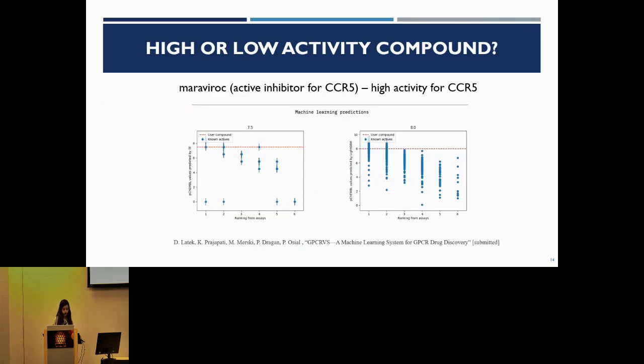GPCRVS also estimates the overall level of activity for a selected compound. So compounds can be classified as compounds with a high, low, or medium activity. Maraviroc was classified as a highly active compound by the LightGBM model.